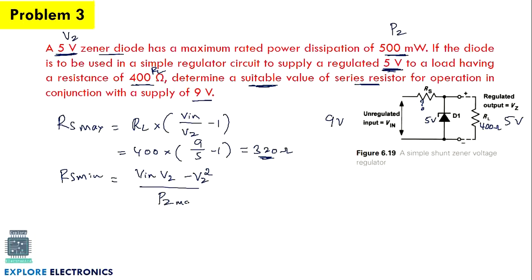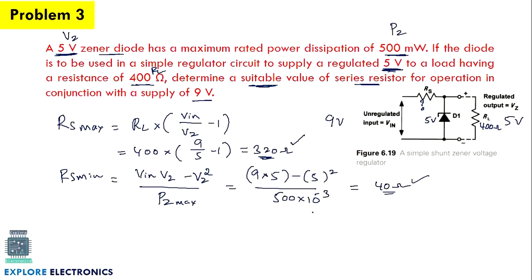It is in terms of power. So Vin is 9 into Vz is 5 minus Vz square is 5 square, divided by Pz maximum. They have given it as 500 milli. Milli means it is 500 into 10 raised to minus 3. If we calculate this, it gives 40 ohms.